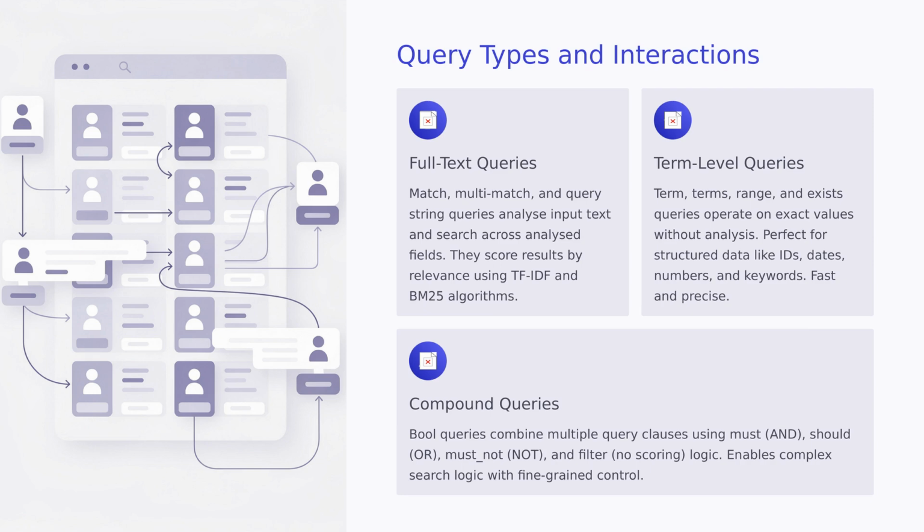When things get complex, enter compound queries. Bool queries masterfully blend and, or, not, and filter logic, offering fine-grained control for intricate search strategies. From analyzing text to pinpointing exact values, these query types and interactions pave the way for smarter searches. In a nutshell, understanding query types unleashes the power of search precision.